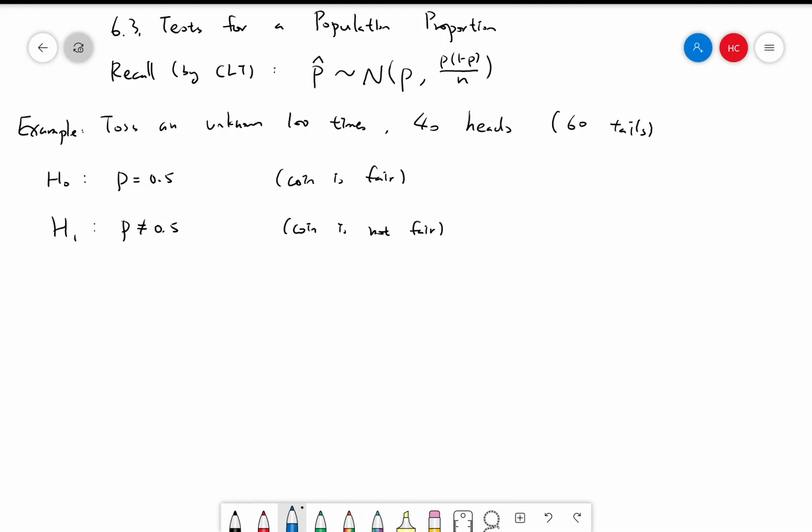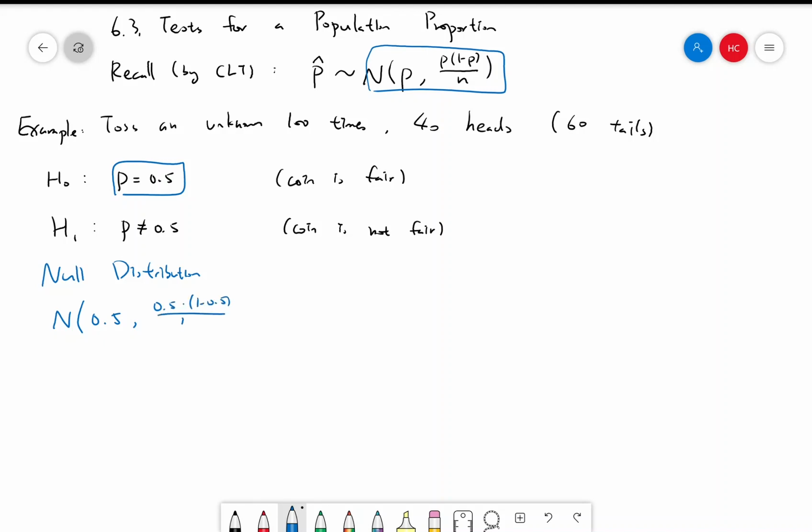Okay, so let's take the null hypothesis and draw the null distribution. So the null distribution is taken from the central limit theorem. So it's the normal distribution with mean being 0.5, variance being 0.5 times 1 minus 0.5 over 100, which is the sample size.